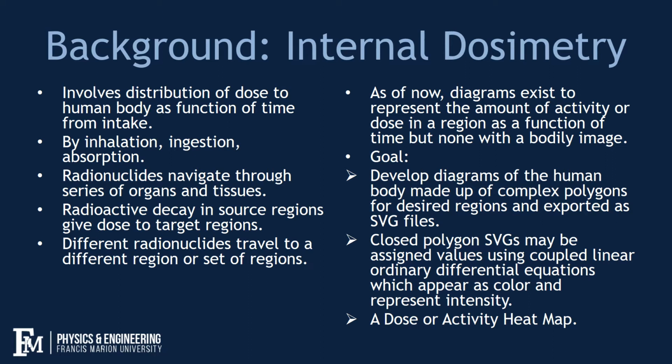Every portion of these diagrams are made of closed polygon SVGs, which can be assigned values using coupled linear ordinary differential equations, which give them the color and make them light up as a heat map. They represent the intensity of the activity or the dose to that target region. So essentially what we would like to do with this research is create a dose or activity heat map of the human body.